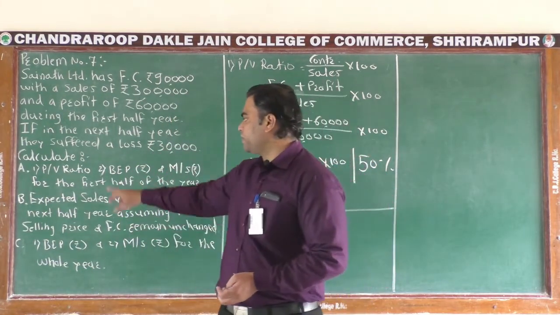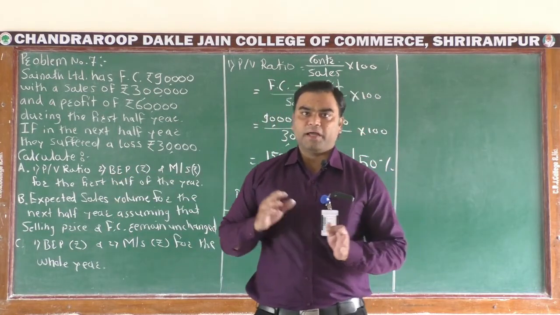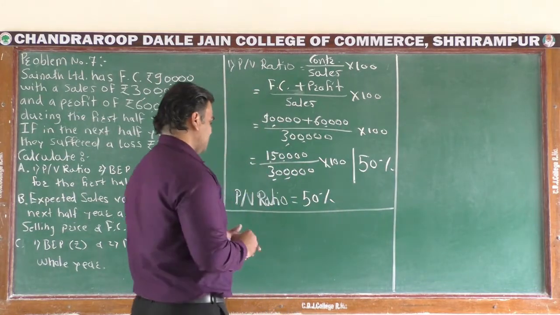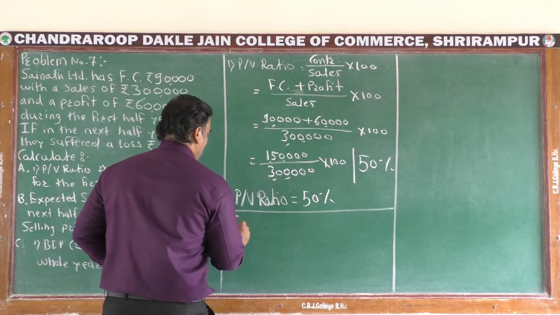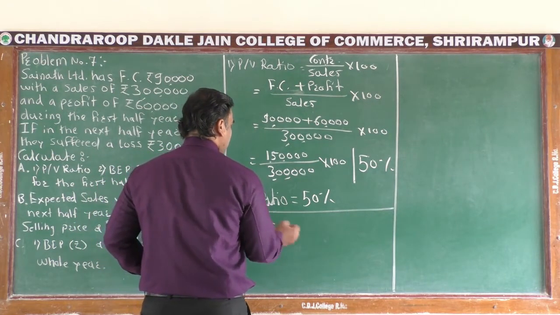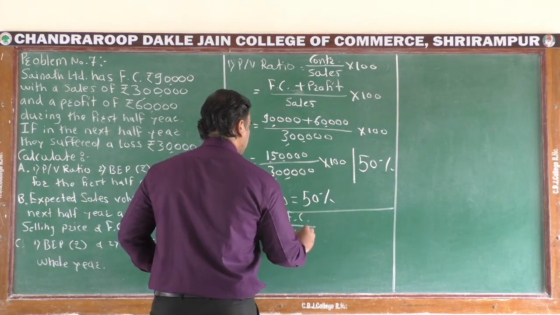Now we are going to calculate the second item, that is BEP rupees. How to calculate the same? By using which formula? Fixed cost upon PV ratio. So BEP for first half of the year, BEP for first half is equal to fixed cost upon PV ratio.